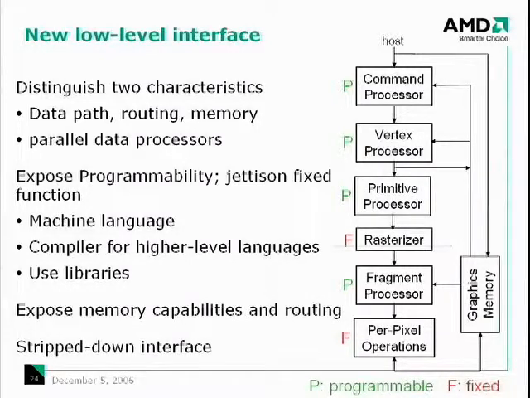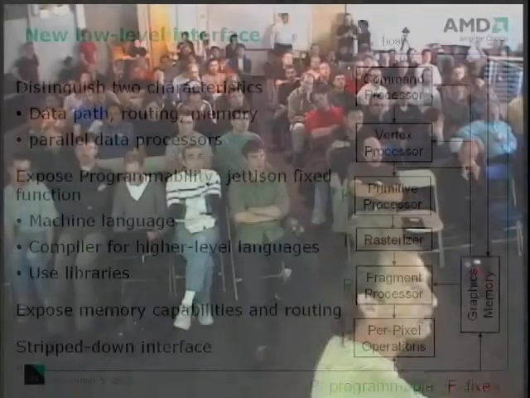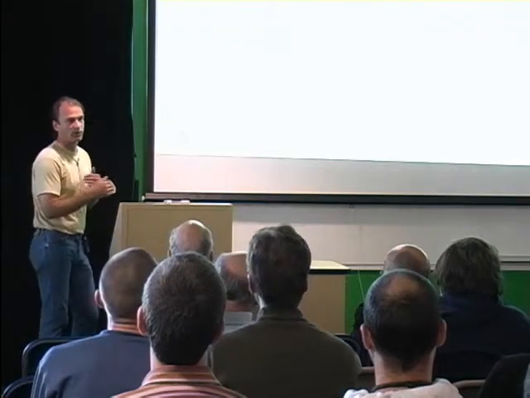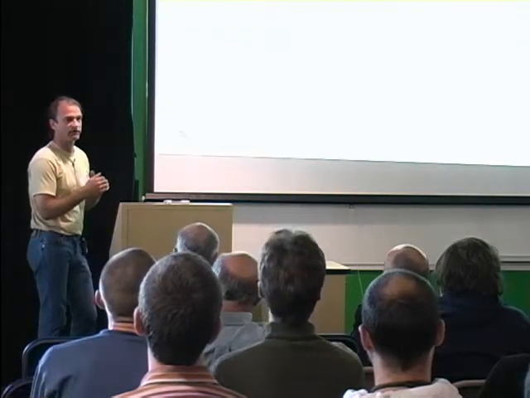So I come up with this idea for a new low-level interface, which recognizes that these stages in the pipeline over here are all programmable. Now where I put programmable here is maybe stretching it a bit. Certainly the vertex processor is the command processor. It's not like you write programs for it, but you can tell it what form its data is supposed to be in, and it's very flexible.